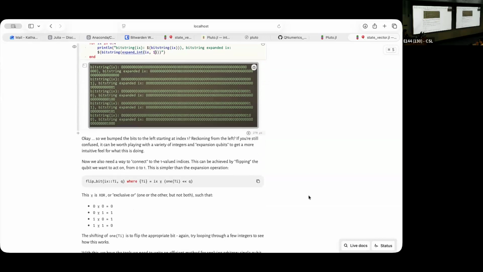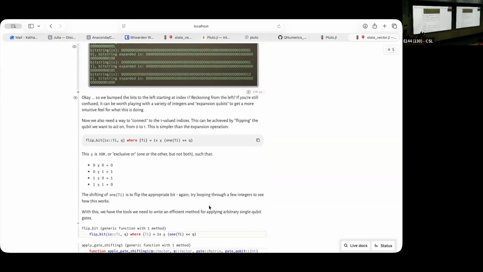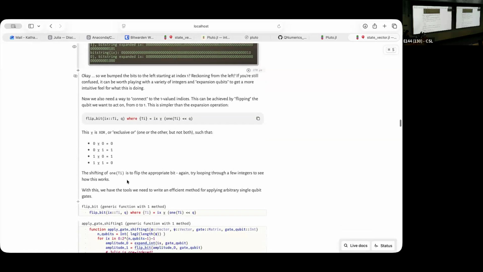You can achieve this just by flipping the index bit that represents the qubit you want from 0 to 1. This is also a bit shifting operation, but it's a little simpler than the expansion. Here I gave it the exciting name of flip bit, where I do an XOR after I shift the flipper, which is this guy, over. We saw the XOR operator yesterday.